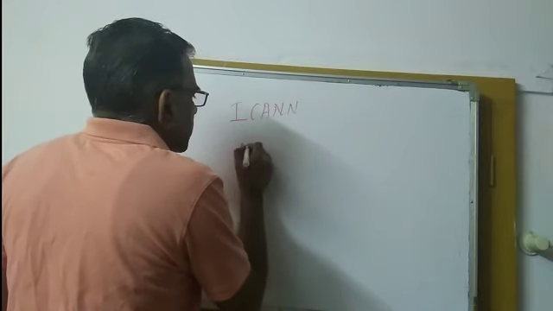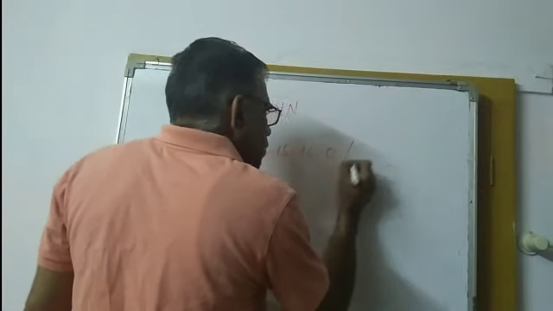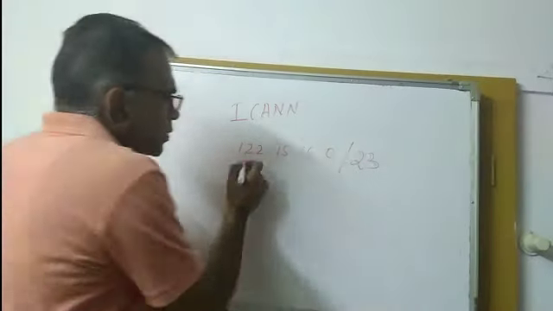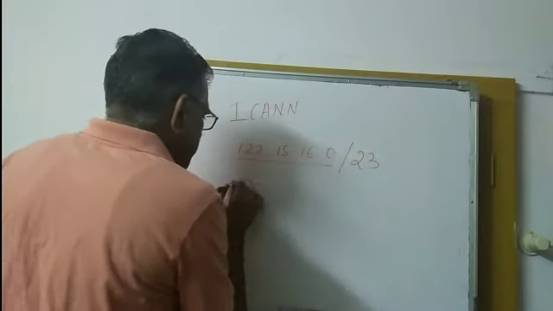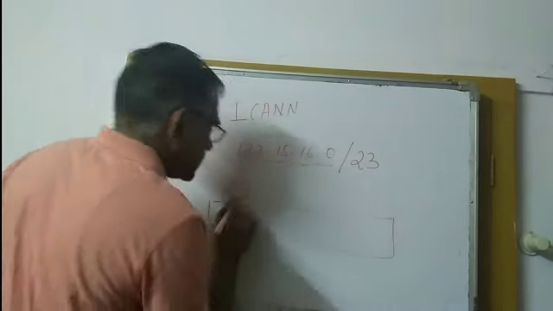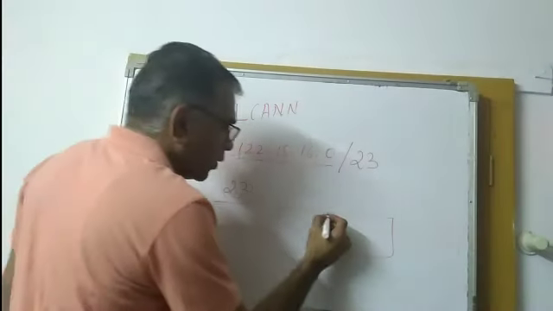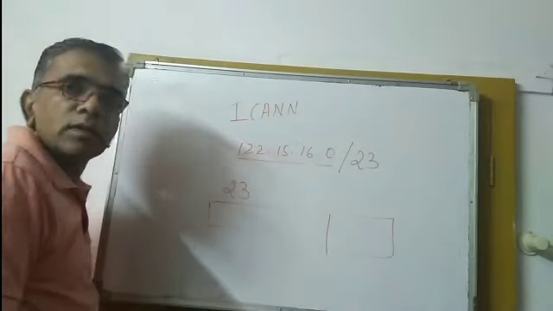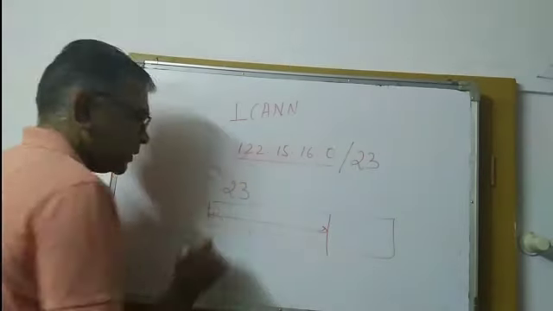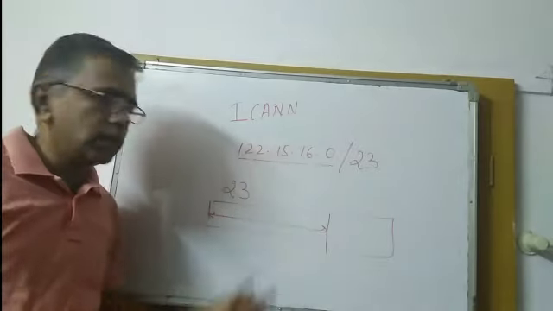For example, 122.15.16.0/23. The first 23 bits, the MSB 23 bits of this address, will remain unchanged. Whatever is specified will be retained as it is.